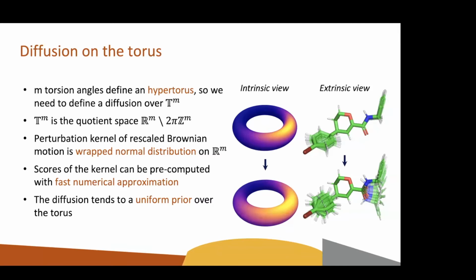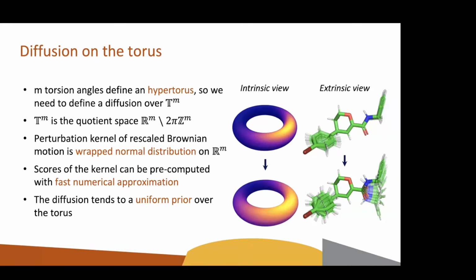So for the torus, this is actually pretty easy because the torus has the nice property that it's the quotient space of R^m, regular Euclidean space. And so the perturbation kernel on this space is just the wrapping of the heat kernel on Euclidean space. And so essentially the score of this kernel just becomes an infinite sum that you can pre-compute and just store on disk.